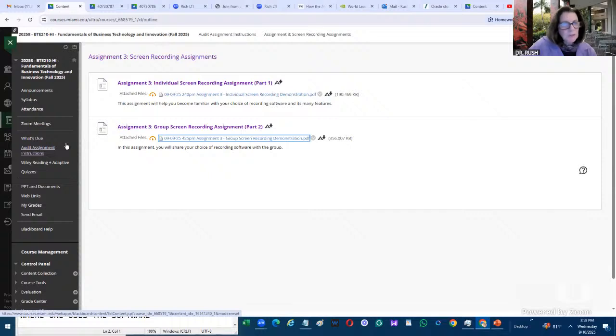And what you'll be doing in your group is you'll be the expert of the screen recording software that you use, and talk together in your group about the advantages and disadvantages. This way, each person in the group can be familiar with all the software products. So it should be one person per group, one person per software. You don't want to have two people doing OBS or two people doing QuickTime.